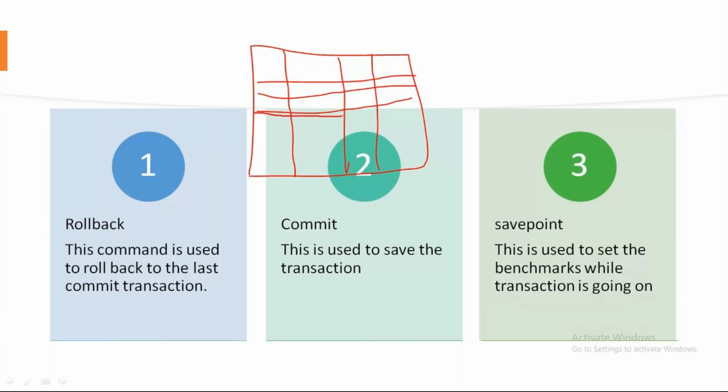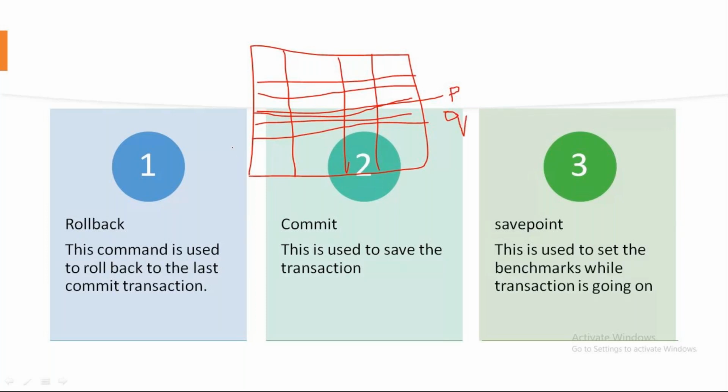After two, I will have a savepoint, which is P. This is my one savepoint. Then I inserted three more records. It's up to your wish: if you want a savepoint after one record, go and give; every five records, go and give; every 10 records, go and give. The server will not hit you. So after three records, I'm giving Q here.